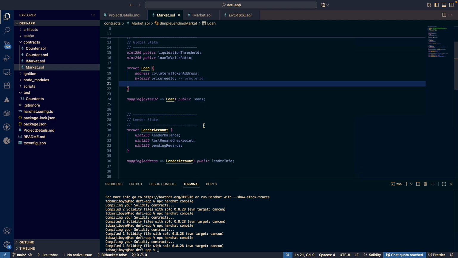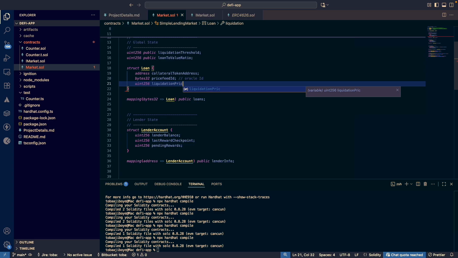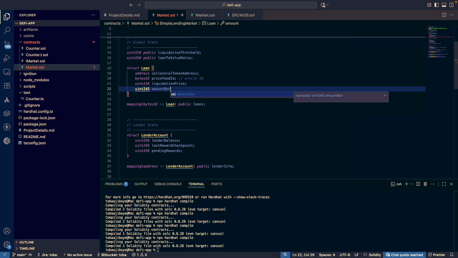Another thing we need to know is the liquidation price. So uint256 liquidation price. Another thing we need to know is the amount borrowed.